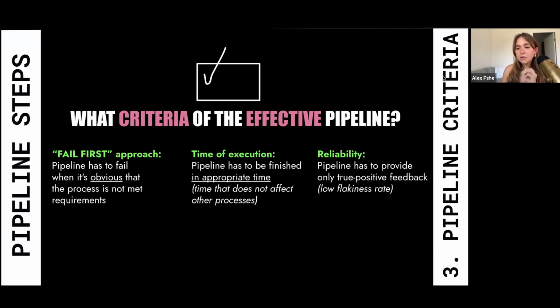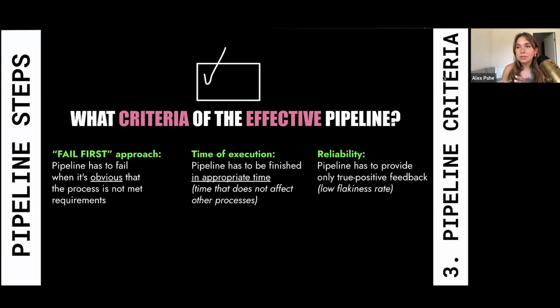So another point is reliability. That's, I think, one of the most important, because otherwise our pipeline and all our previous steps don't make any sense. The pipeline has to provide only true positive feedback. In terms of metrics, it means a low flakiness rate, because the situation when the pipeline gives us feedback, but this feedback doesn't show reality, is a really bad situation.